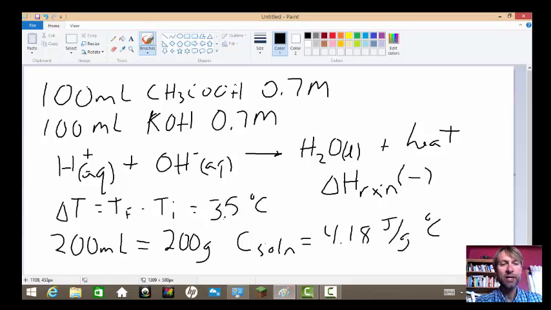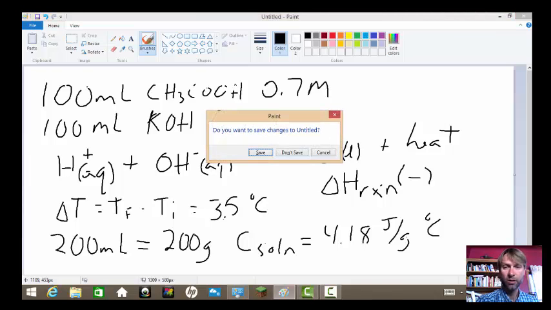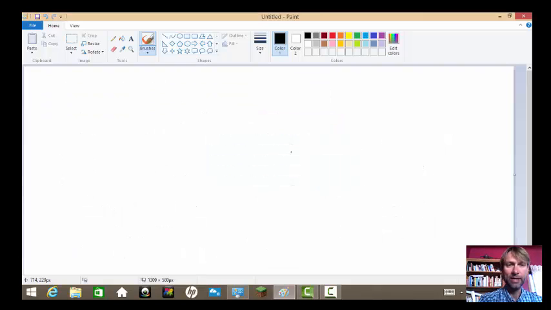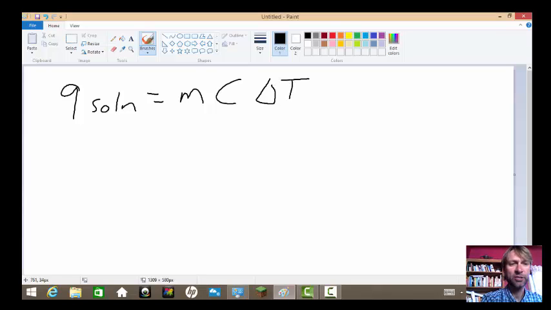All right, so we mixed the acid and the base together and we got heat. How much heat did we get? Well, we can calculate that. Q of solution is simply given by the mass of the solution times the specific heat capacity times the temperature change.